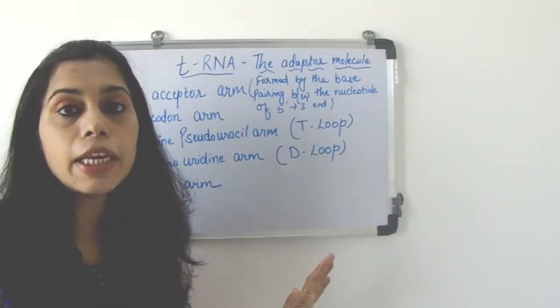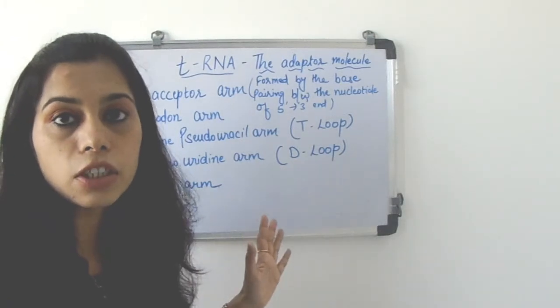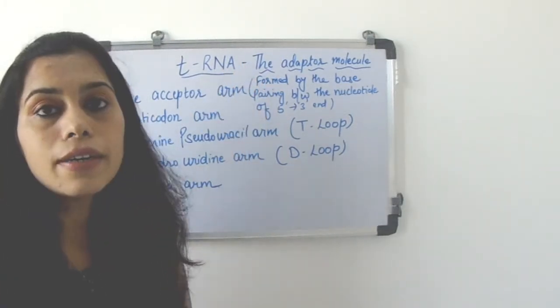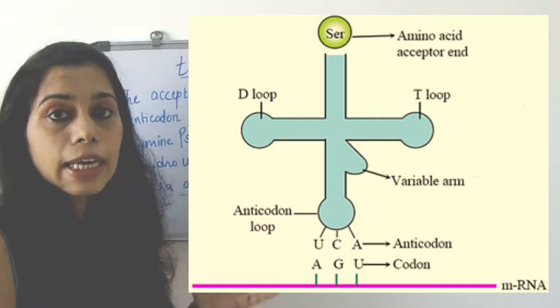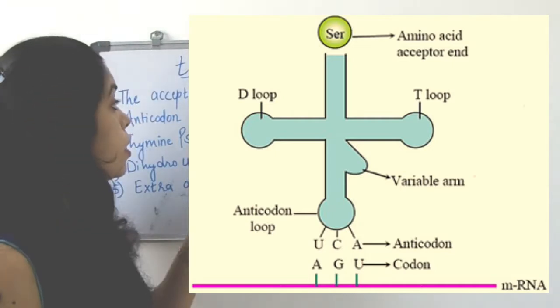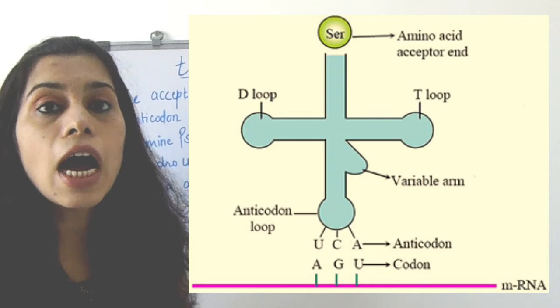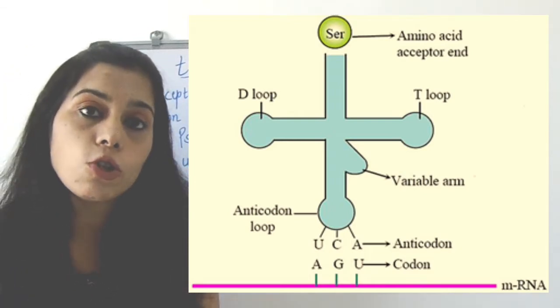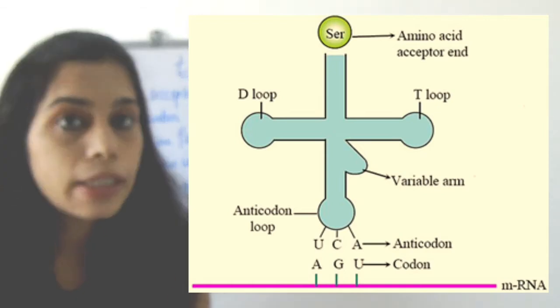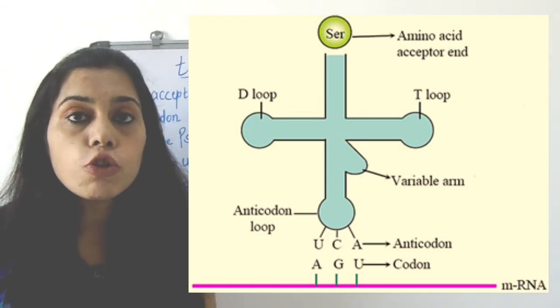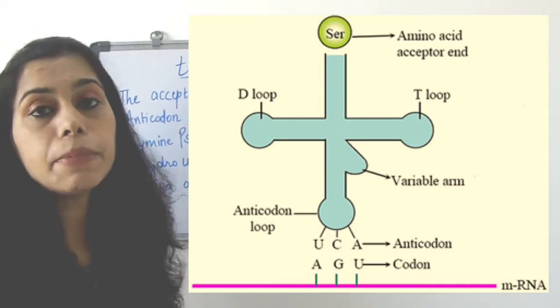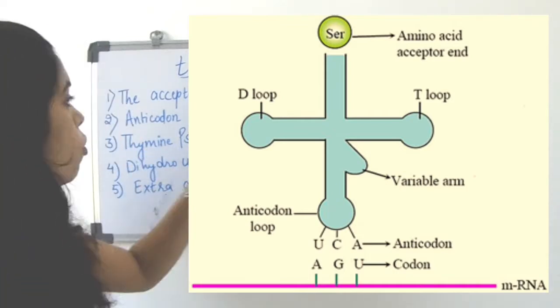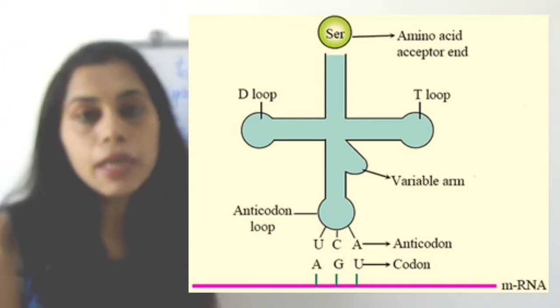So these are the main 5 structural regions of tRNA or transfer RNA. The acceptor arm is concerned with binding and carrying of specific amino acid, and that is why it is also called the amino acid binding site. It is also formed by the base pairing between the nucleotides of 5' to 3' end.